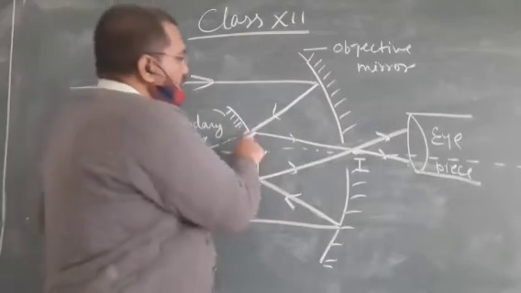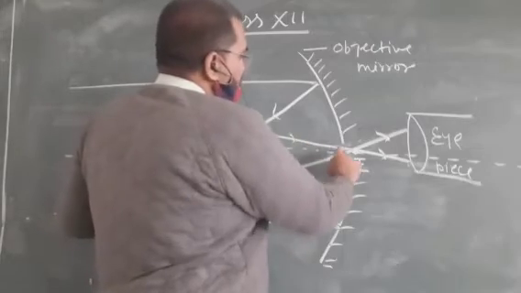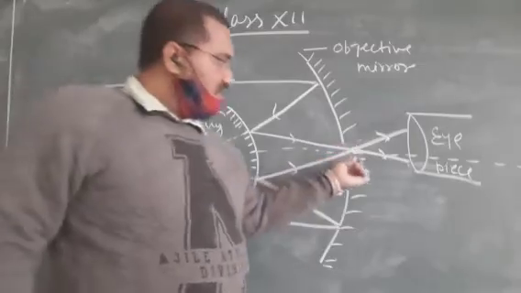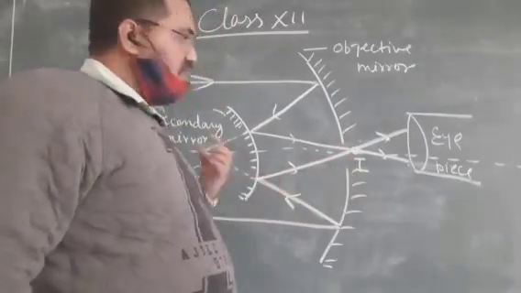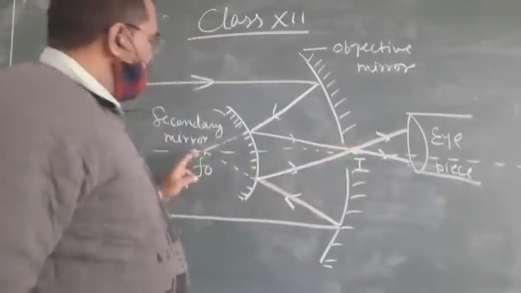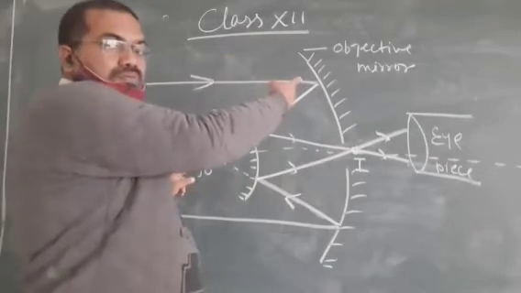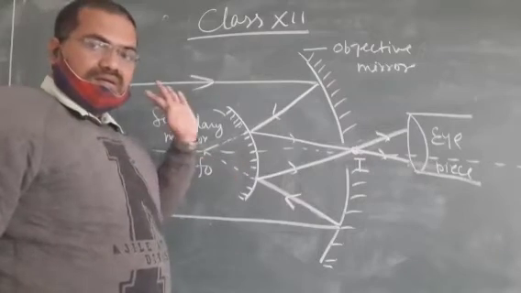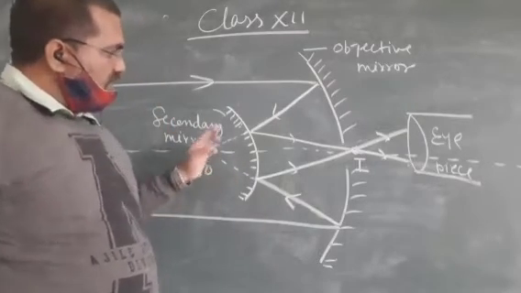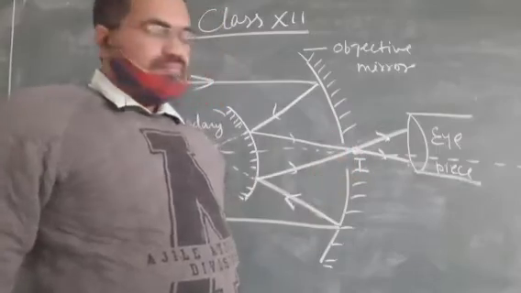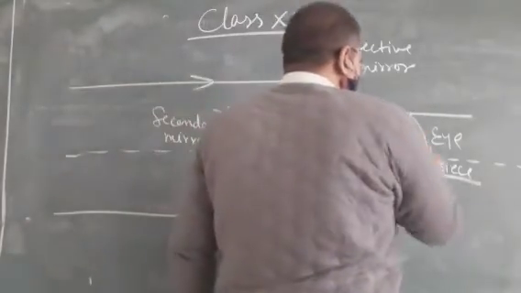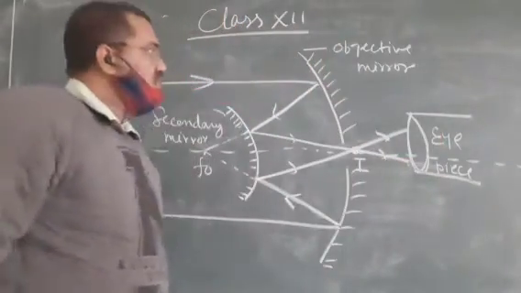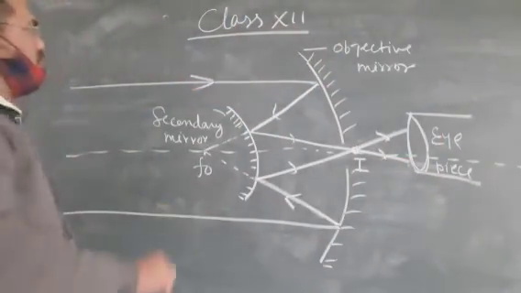So this is the second reflection, and reflected ray from convex mirror, where the final image is formed at that point, and this is the image formed by the convex mirror, and this is the object of concave mirror, which is virtual object for convex mirror, and final image formed at point I, and eyepiece. Due to eyepiece, you can see the image here. So this is the Cassegrain telescope.